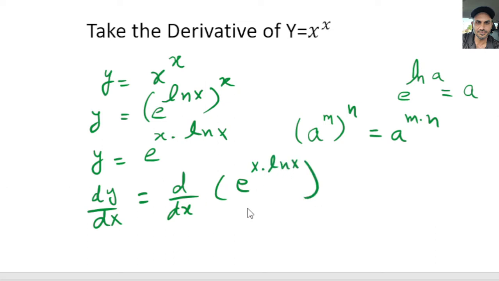Now here we can apply the chain rule. When we take the derivative of a composite function, it's going to be e to the whatever the function is, times the derivative of that function.